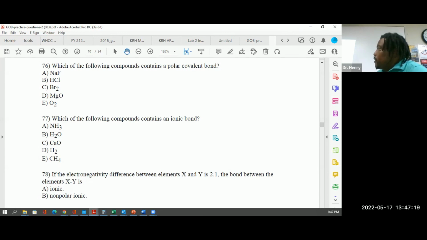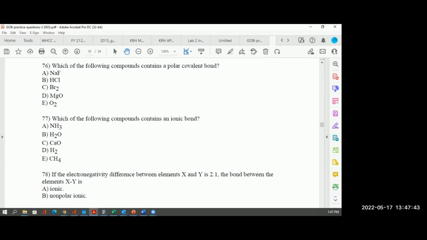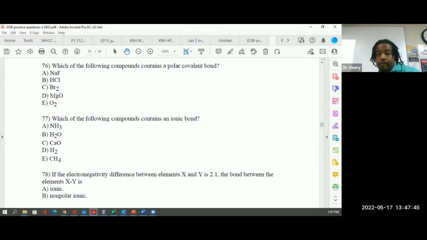A, sodium fluoride; B, hydrogen chloride; C, bromine gas; D, magnesium oxide; E, oxygen gas? B. B is correct. That's an example of uneven sharing, because chlorine is going to want the electron more than the hydrogen.